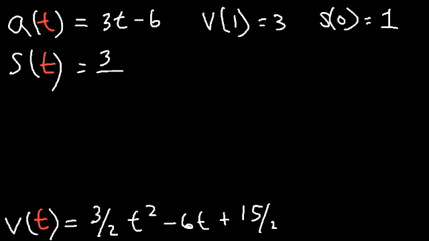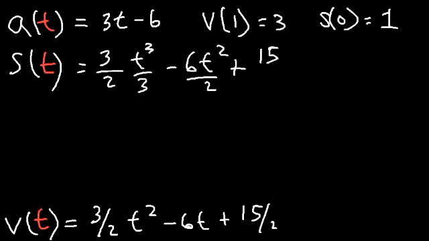So it's 3 over 2 t to the third power divided by 3 minus 6t squared divided by 2 plus 15 over 2t plus a new constant. You can use c again. Some textbooks call the second constant d. So we'll use d instead of c, since c is 15 over 2.